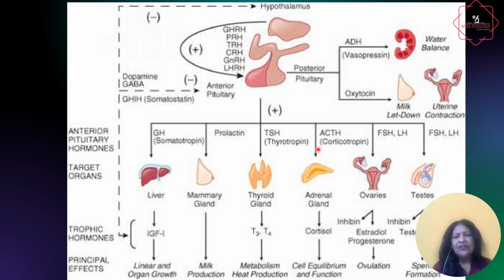Then we have the corticotrophin, which will activate the adrenal cortex and then produce more of cortisol, which will maintain the cell equilibrium and the functioning of the cell, maintaining the iron concentration. Then we have FSH, follicle stimulating hormone, and luteinizing hormone.